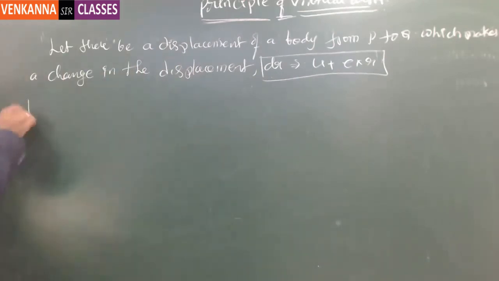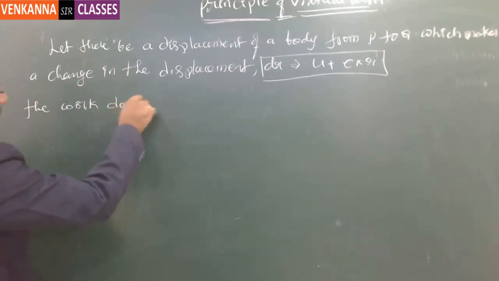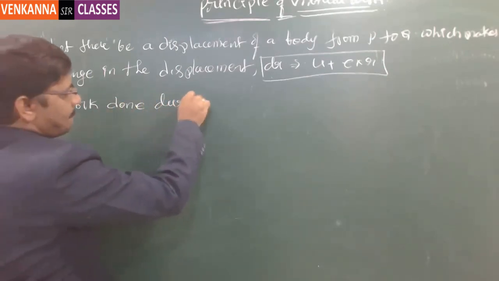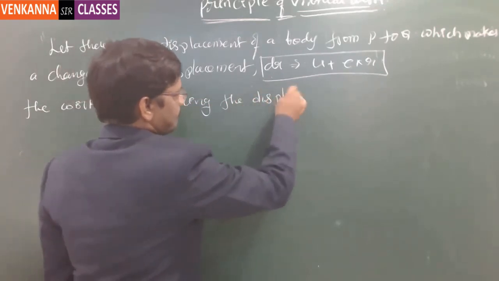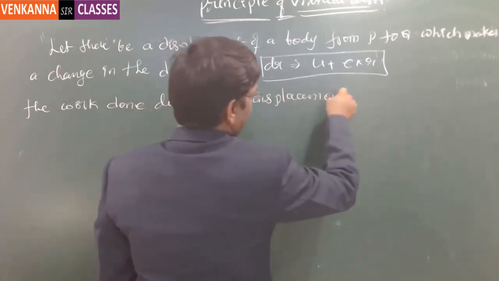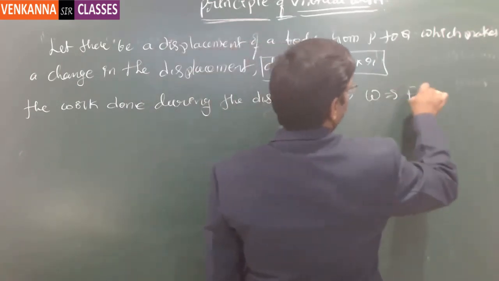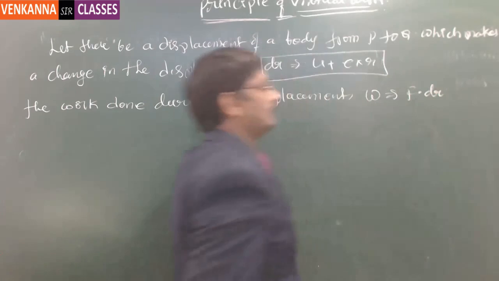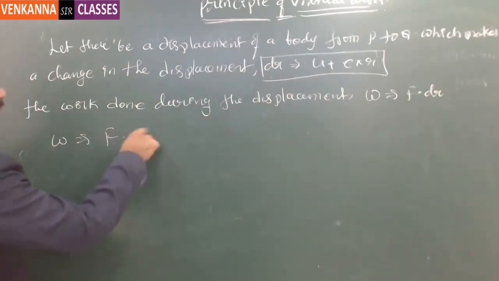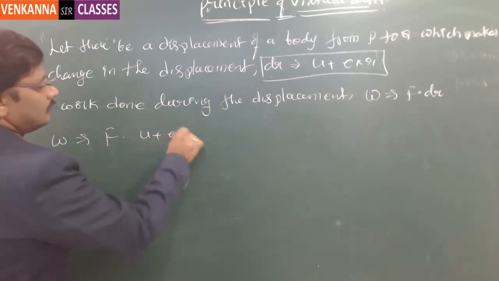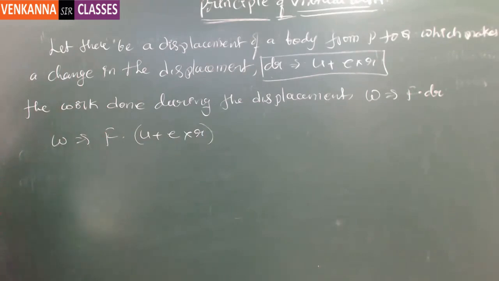Now the work done during the displacement, W is equal to F dot dr. Now this W can be written as F dot (u plus e cross r). So this is the work done, right?